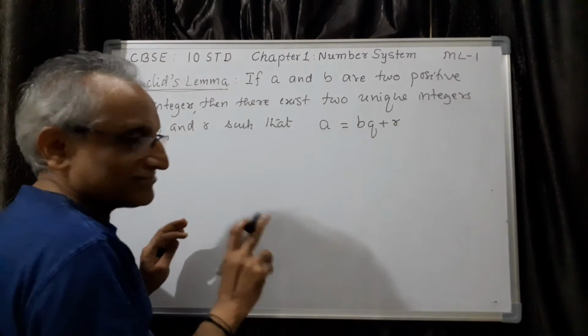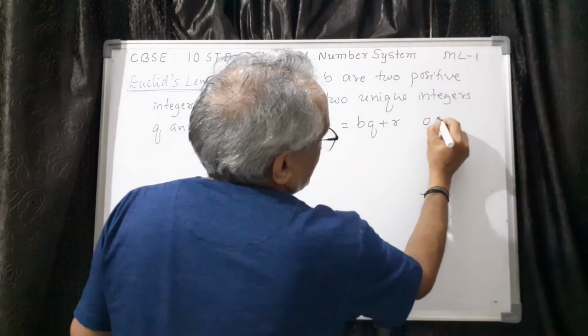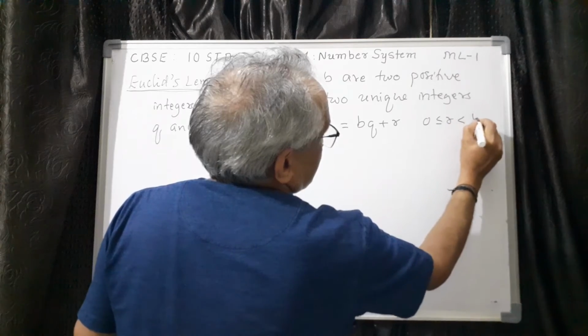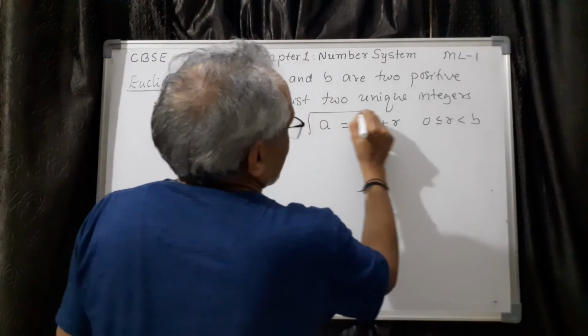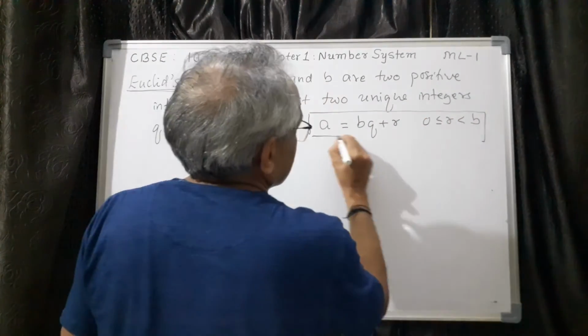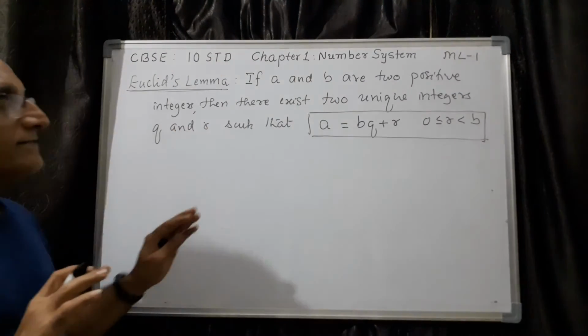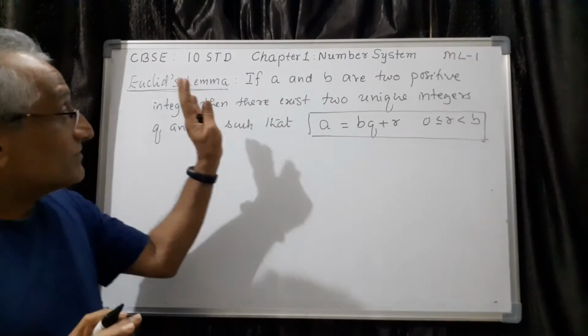This is the first condition. The second one is 0 less than or equal to r less than b. This is the statement of the lemma.